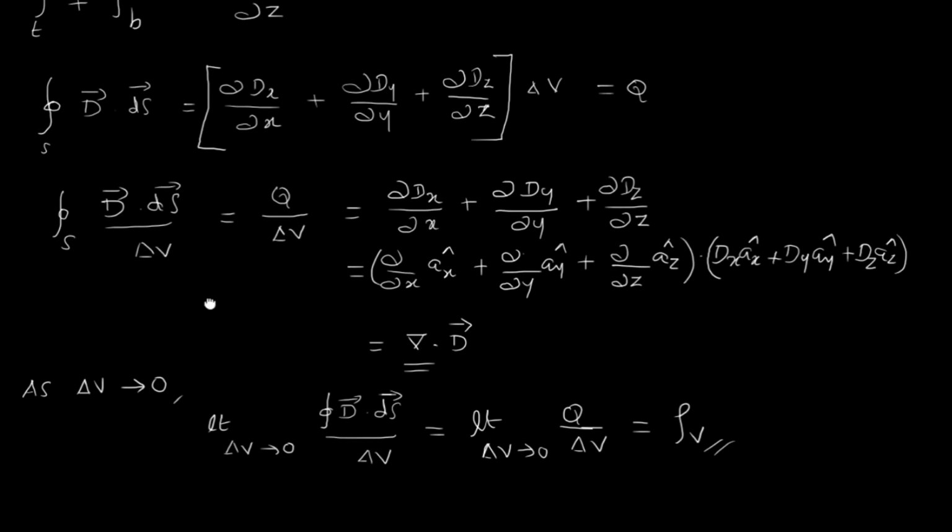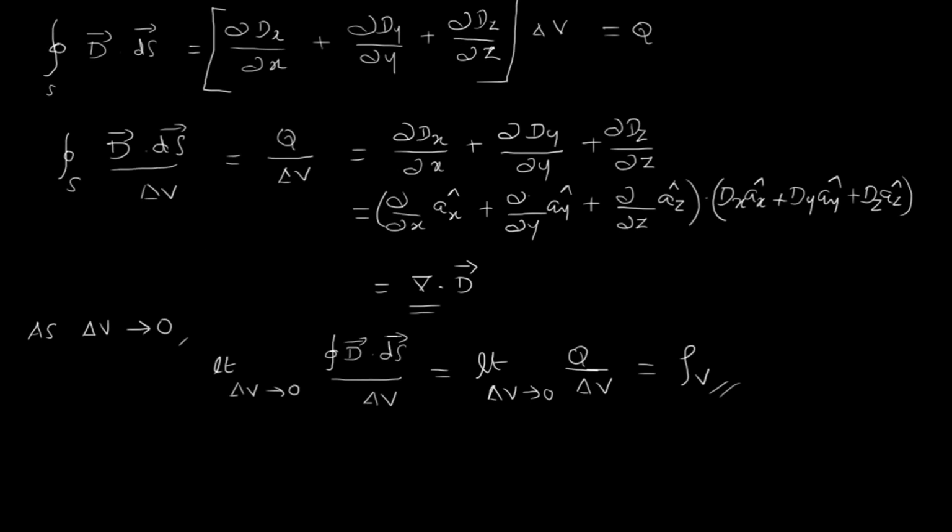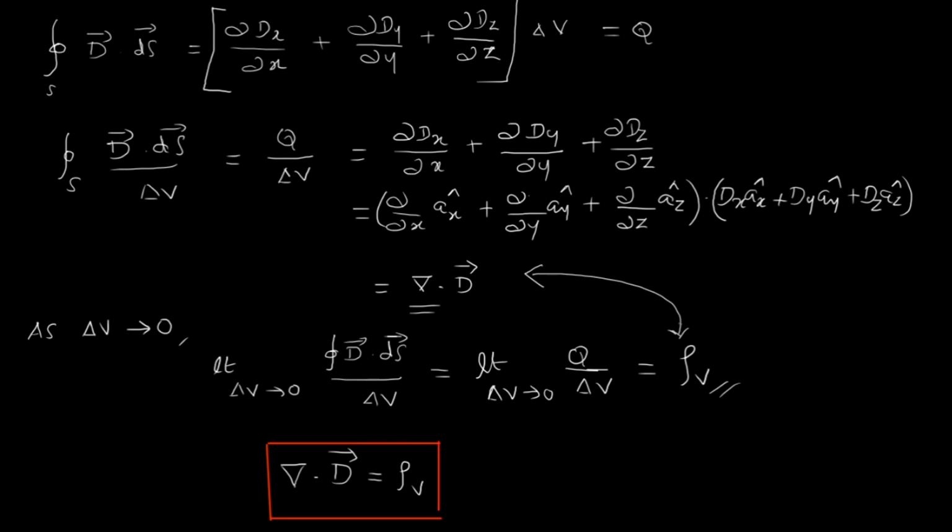So I can write this equation better as, if I compare these two, del dot D equal to rho v. So this is the divergence theorem, and this tells me that the flux per unit volume leaving a vanishingly small volume is exactly equal to the volume charge density.